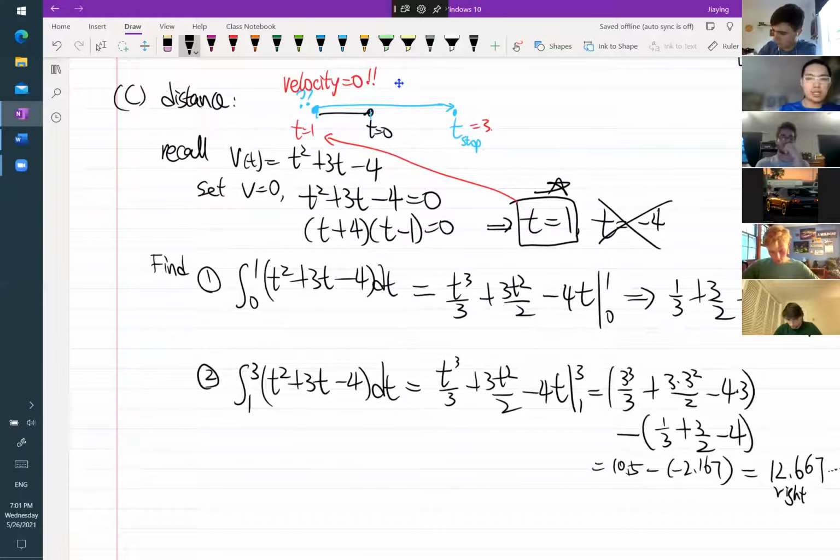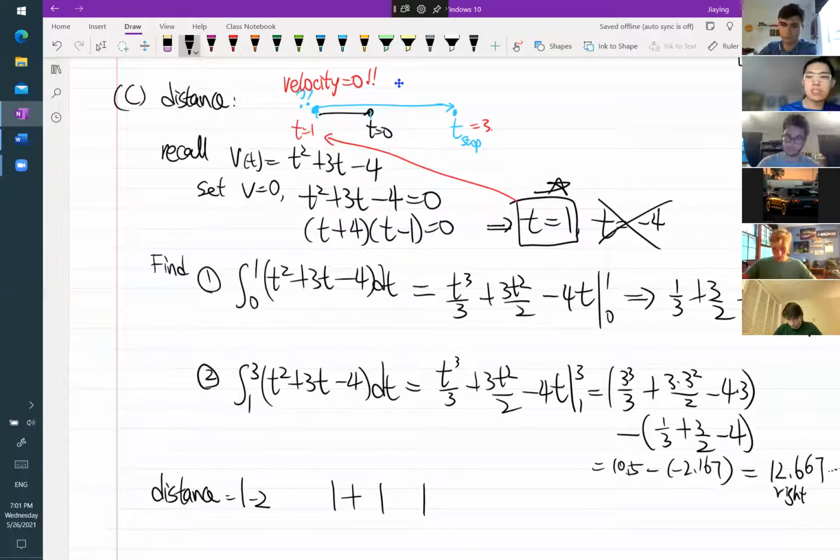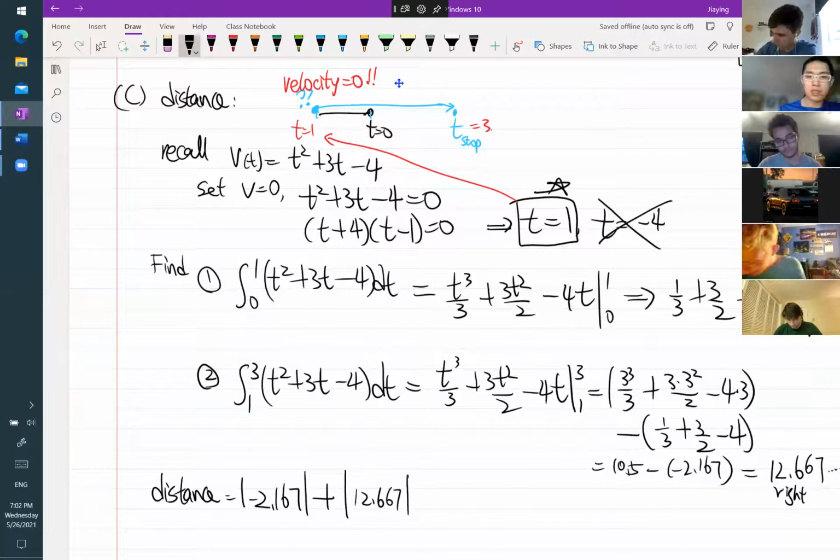So if you want to find the distance, you have to take the absolute value of each one of them and add them together. That's the key part. Because you only take the magnitude, adding them together, not the number itself. That's an absolute value sign. So that will be the total distance, which is, yeah, I'm not going to do the calculation. It's about 14 something.